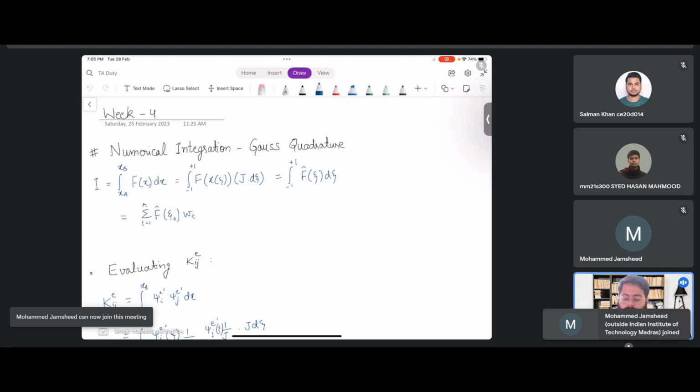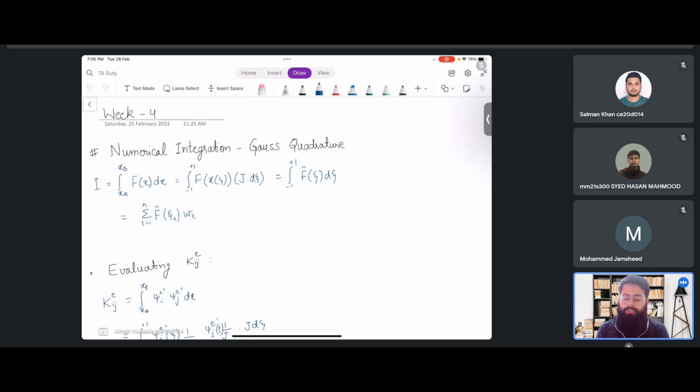The first one is the Gauss quadrature method, and the second one is the Newton Cotes quadrature method. We discussed numerical integration using the Gauss quadrature method last week, and this week we have continued that discussion.